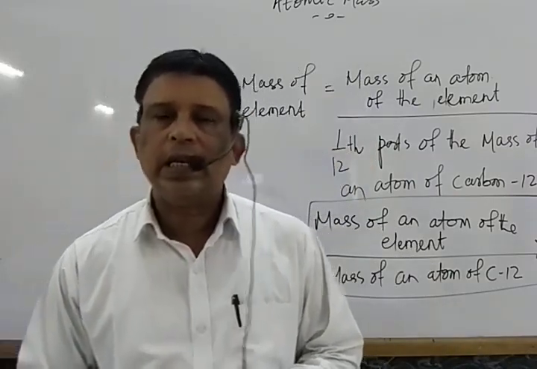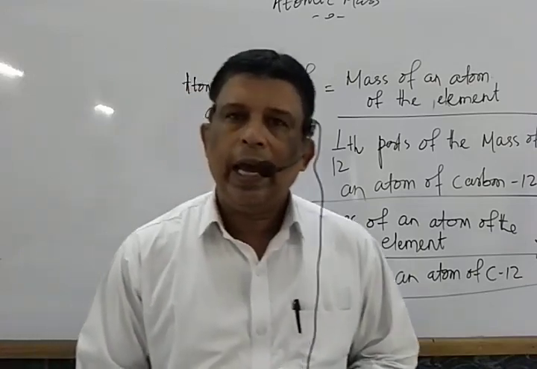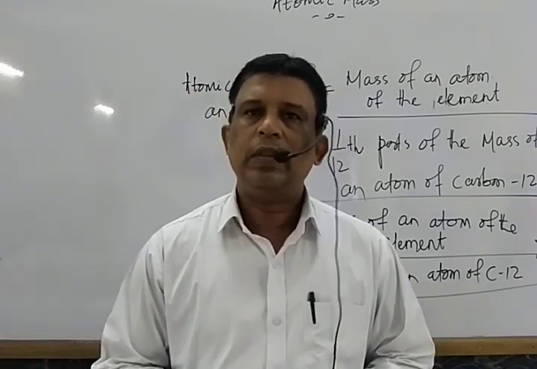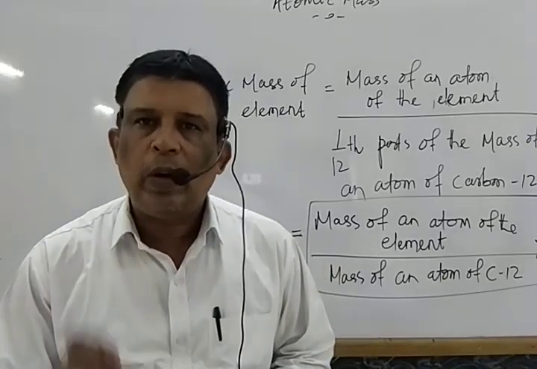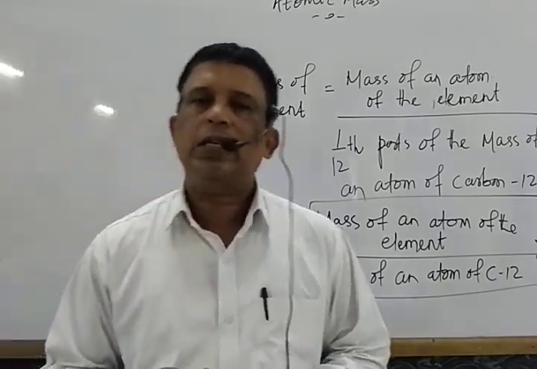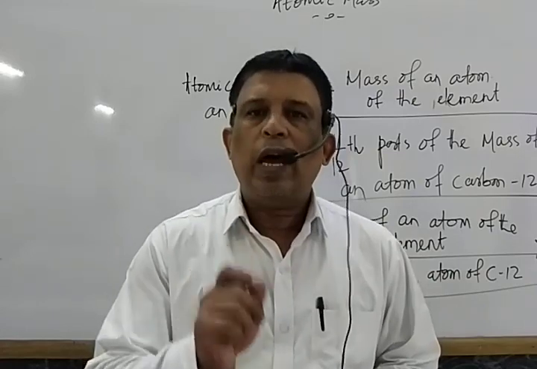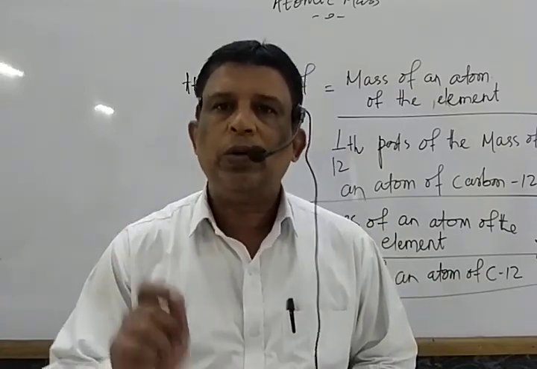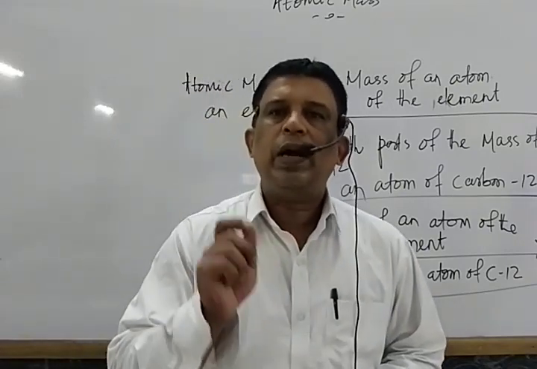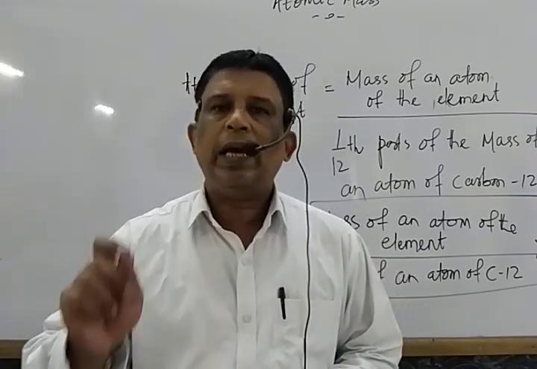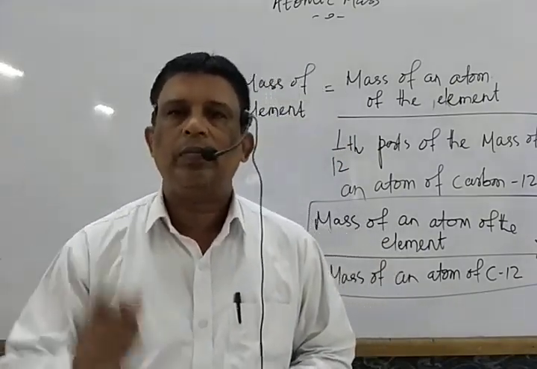That's why it is necessary to convert AMU to gram. That means 1 AMU is equal to 1 by 12 the mass of carbon atom. Its value is normally 1.66 into 10 to the power minus 24 gram or 1.66 into 10 to the power minus 27 kilogram.